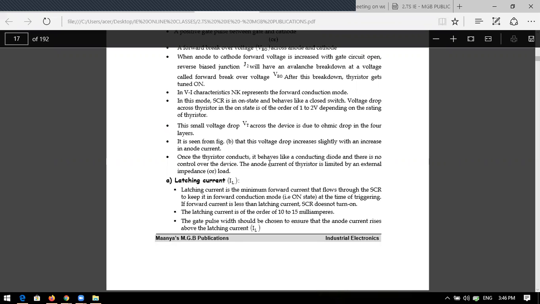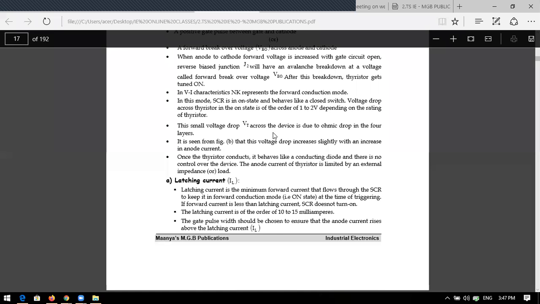And after getting into forward conduction mode, even if you take back the gate pulse, it stays in the conduction mode only. There is no gate control over the device after it has gone into forward conduction mode.